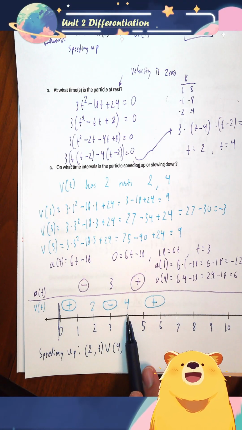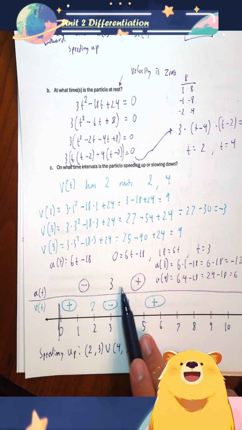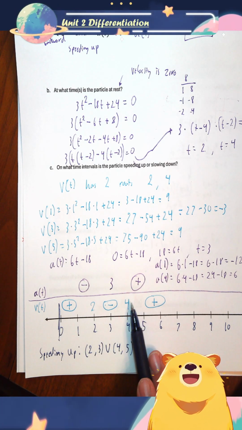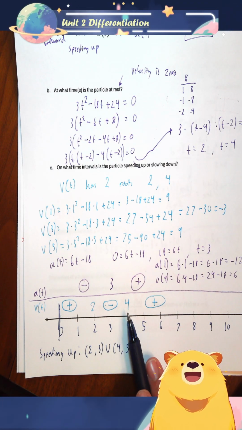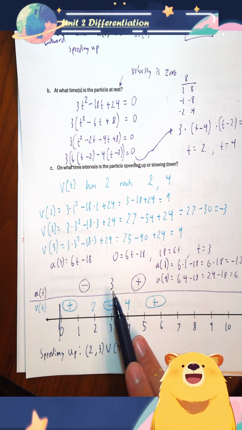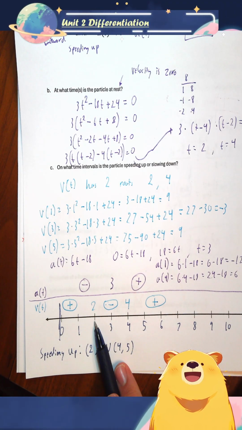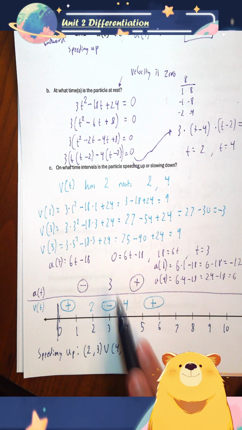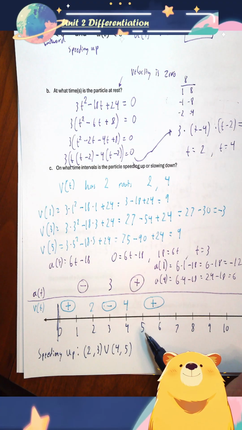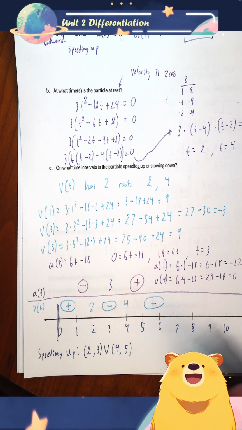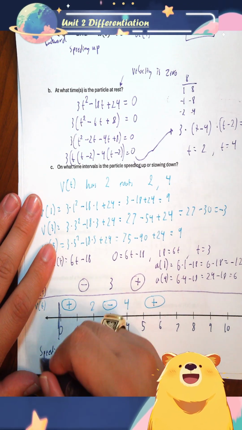So right here from 3 to 4, this is still negative. Here it's positive, and then right after 4, it's positive and positive. Keep in mind, we don't include 4, and we don't include 2, and we don't include 3, because at 2, the velocity is 0. At 3, the acceleration is 0, and at 4, the velocity is 0. And we care about their signs, and we know that their signs at 0 are neither positive nor negative. So that's just for speeding up.